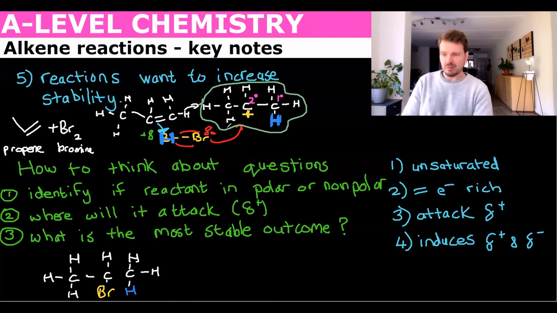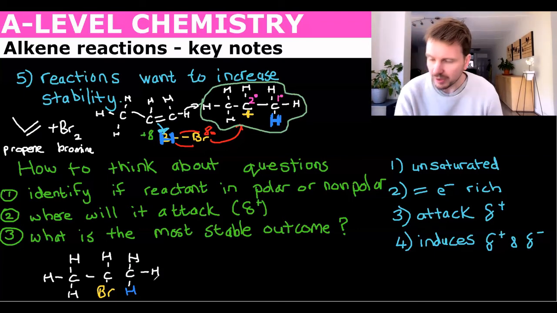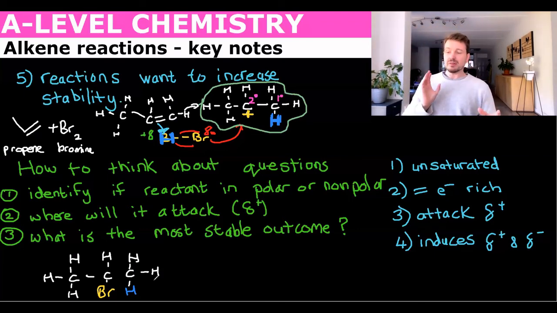And so the bromine slipped on there and we had this final molecule. And deciding whether the Br went on the middle or the side, that was when we looked at whether the stability is there. So try and think about what's going to be the most stable.